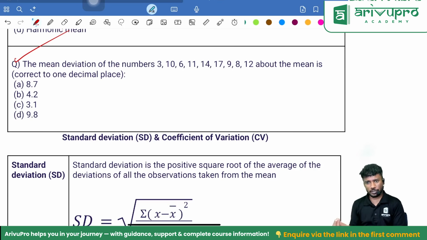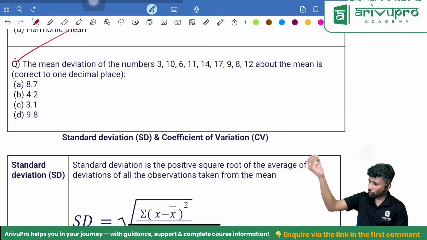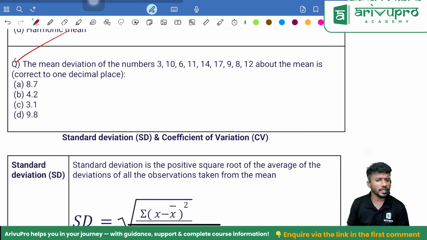You will find mode. Then you will take x minus mode divided by n. Sigma x minus mode value divided by n. That's each observation minus mode. But the chance is very less because it's not possible. Practically it's not there. Mean deviation about mode usually we are not taking, but logically it's possible.